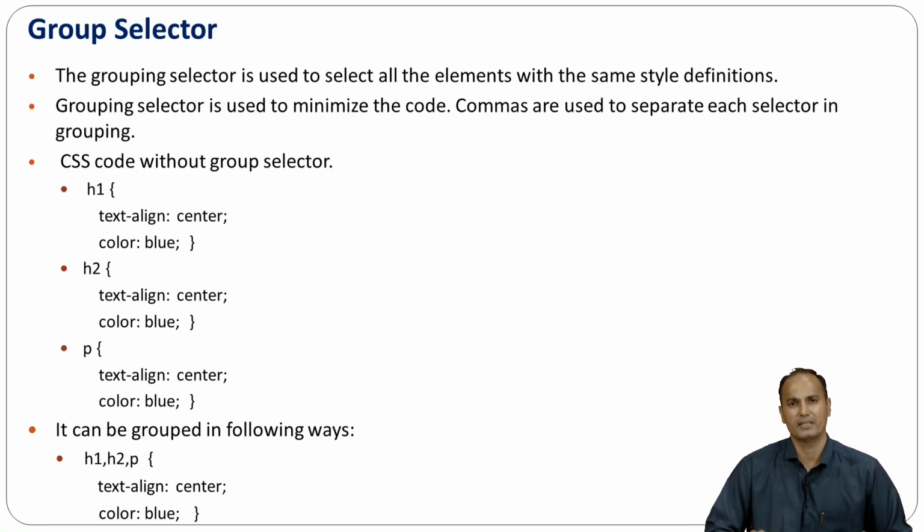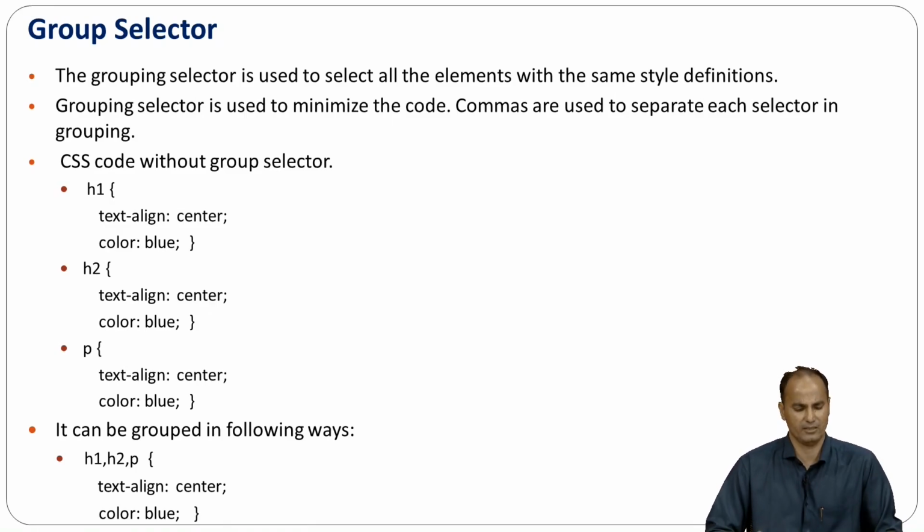Instead of writing each selector with the common styling separately, we can group those elements by separating them with a comma and provide the CSS effect a single time, as shown here, as H1, H2 and paragraph require the same CSS effect. So instead of writing the same thing three times repeatedly, we can write it once by grouping all those elements. It reduces the amount of code as well as the complexity when we need to update it.